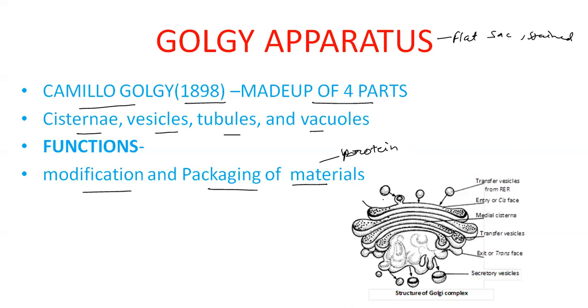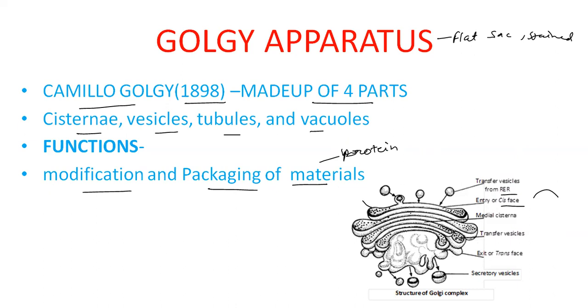Here is the picture of the Golgi body. This face, which is receiving vesicles from the RER, is called the cis face, and it is convex in shape.